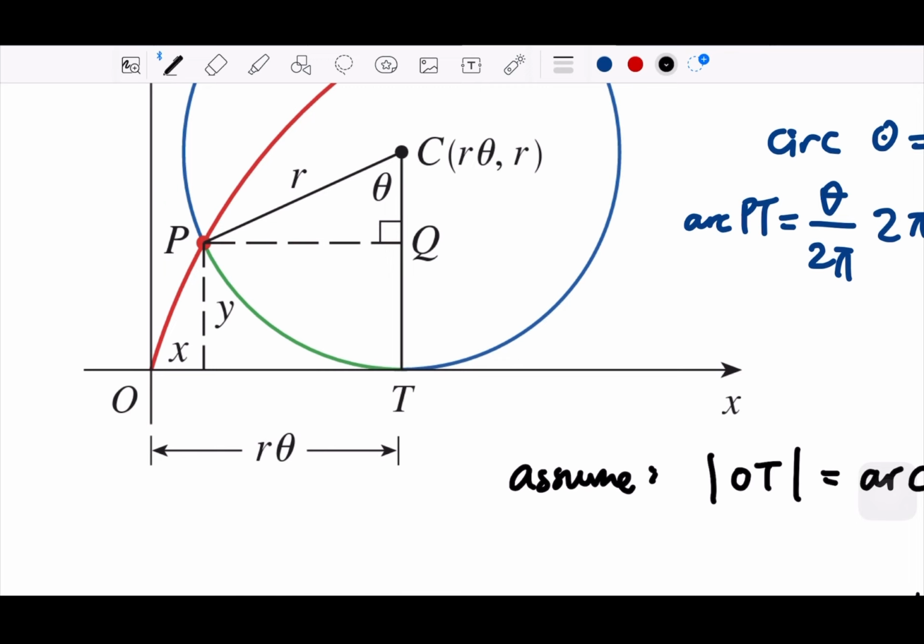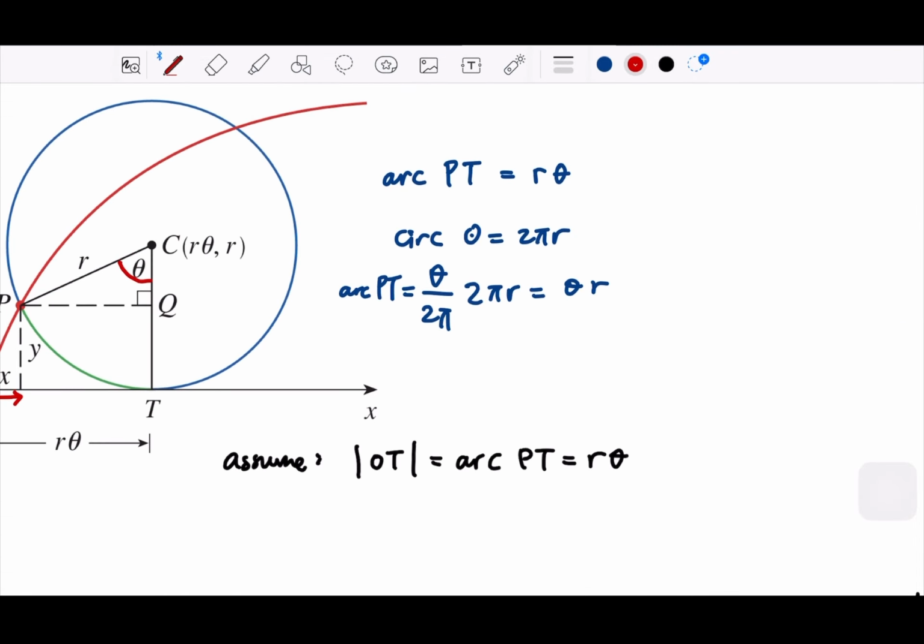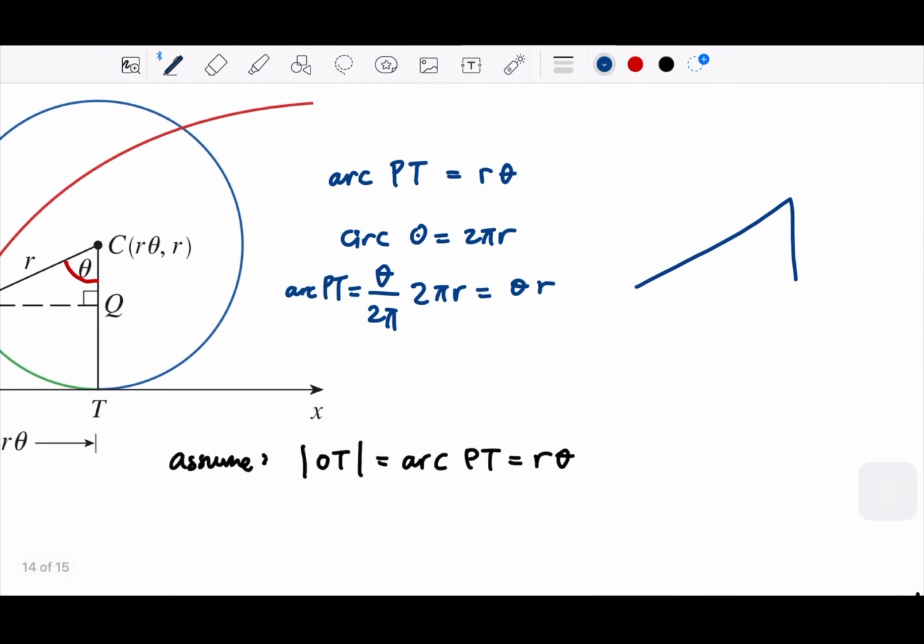Okay, now if we want to define this x, from what we have r theta and we have this PQ. So x is r theta minus this PQ. And what is PQ? If we have this angle, then PQ, let me make the triangle.